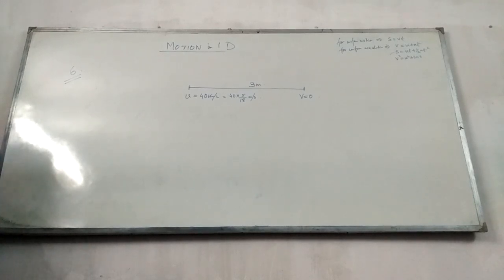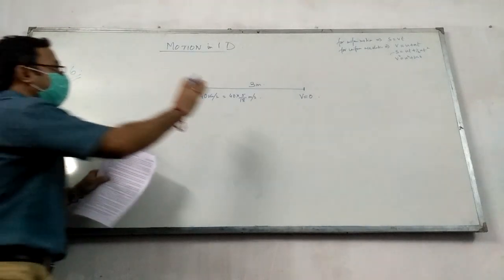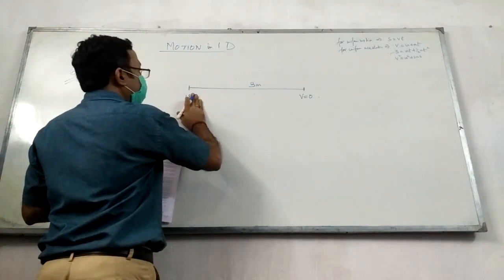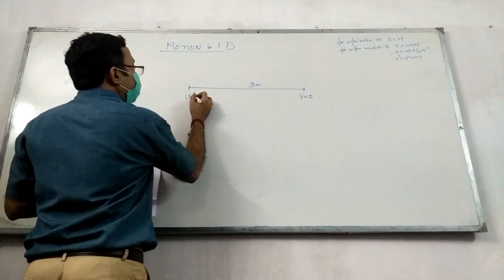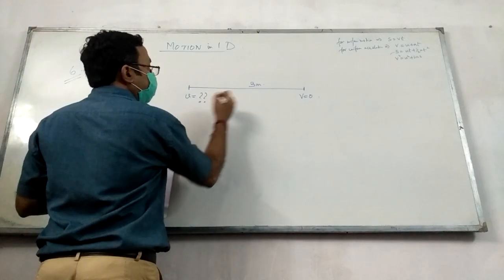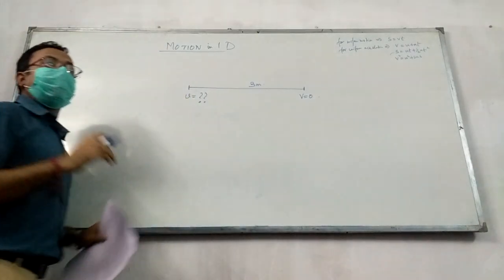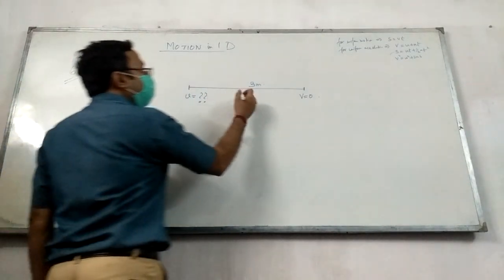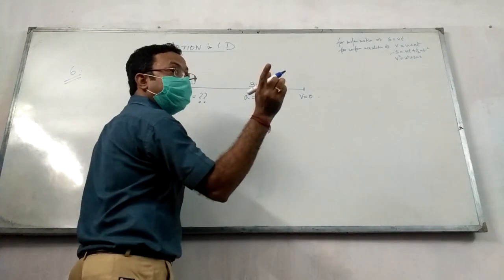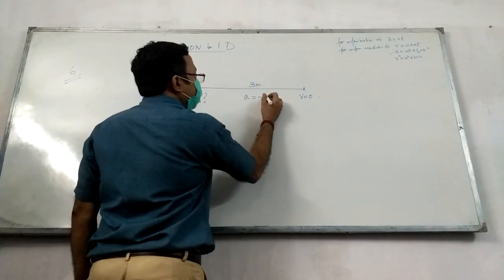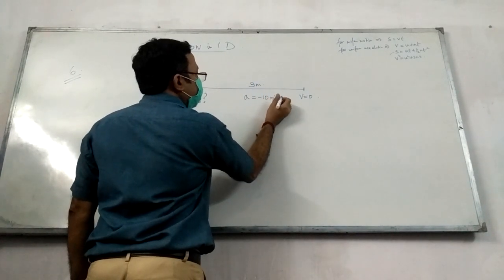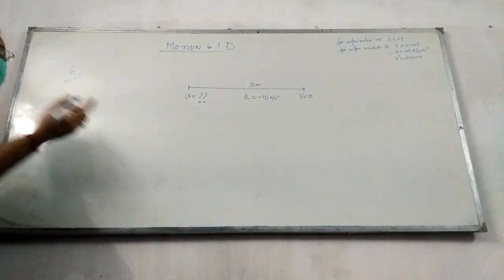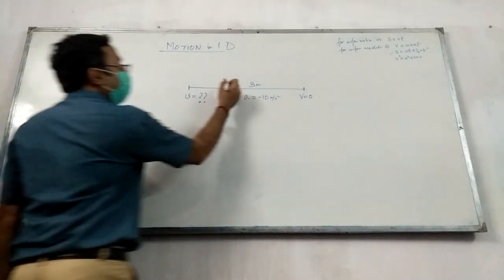We need to find out the speed limit, whether he was traveling at a speed greater than 40 km/h. So we need to take the acceleration as how much? Given -10 meter per second square.